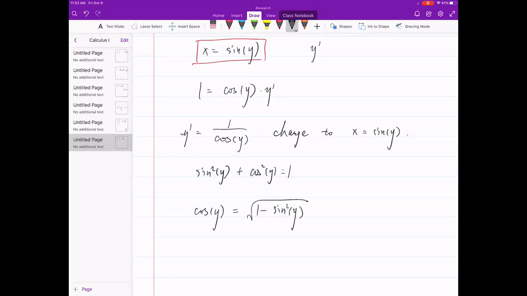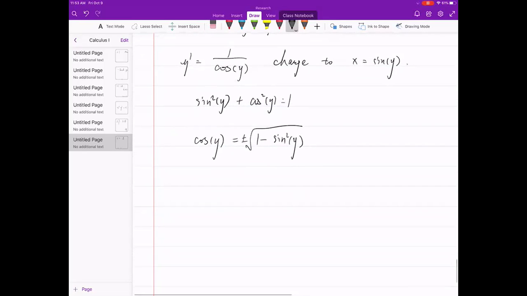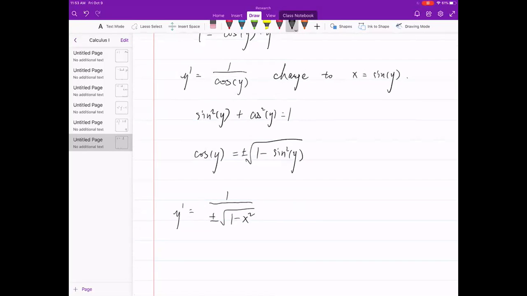Okay. Plus or minus. That means y prime is going to be 1 over plus or minus square root of 1 minus sine square y, which is nothing but x squared. That's already a nice looking formula with only x.